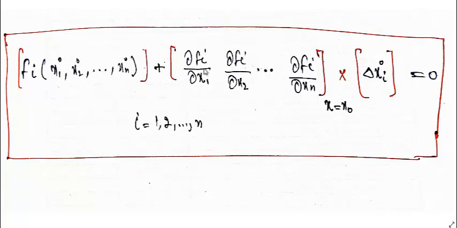It will be del f1 by del x1, del f2 by del x1, del f3 by del x1, up to del fn by del x1. Similarly for this, del f1 by del x2, del f1 by del x3, del fn by del x3. Similarly, del f1 by del x1, del f2 by del x1, del fn by del x1. This matrix will be f naught, and delta x1 naught, delta x2 naught, up to delta xn naught.